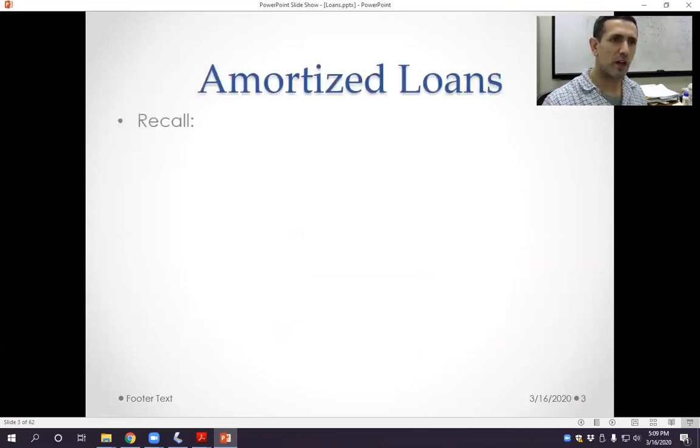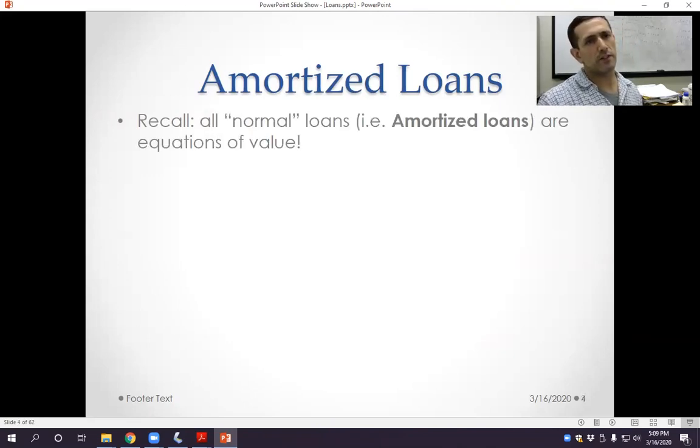Anyway, okay, so we're going to talk about amortized loans, and that's just a fancy term for a normal loan, basically loans that we've been dealing with throughout this course. What that means is that a loan is basically an equation of value. I get some cash in, and I have to pay that back.